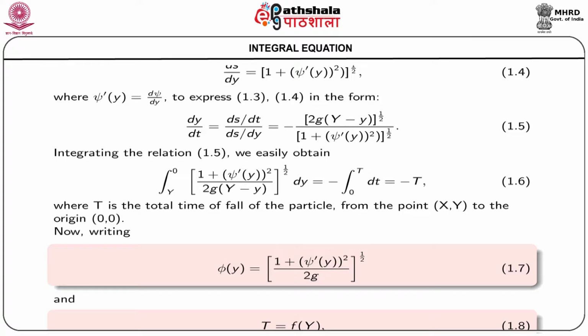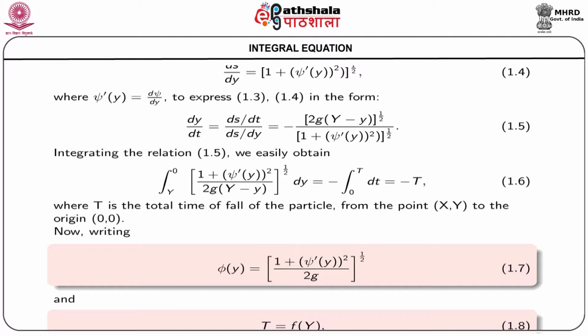Now we know the well-known formula of calculating the arc length, ds dy equal to 1 plus psi dash y whole square to the power half. Here psi dash y denotes the derivative of psi with respect to y.